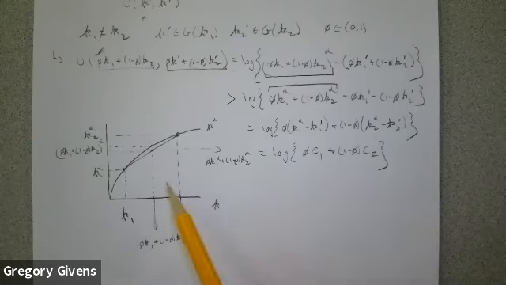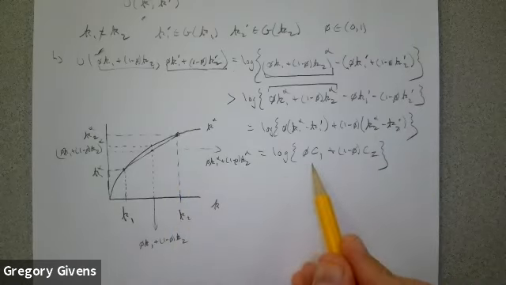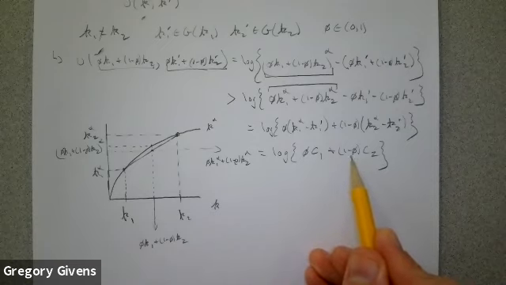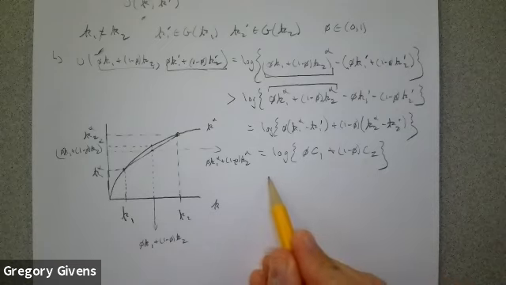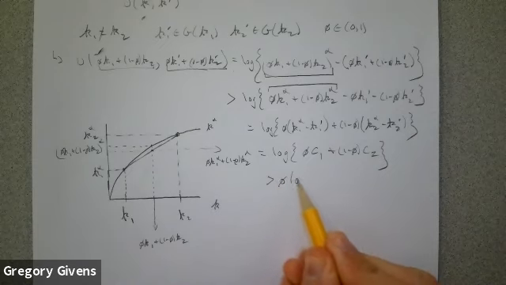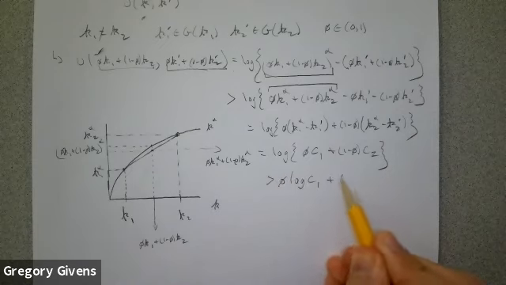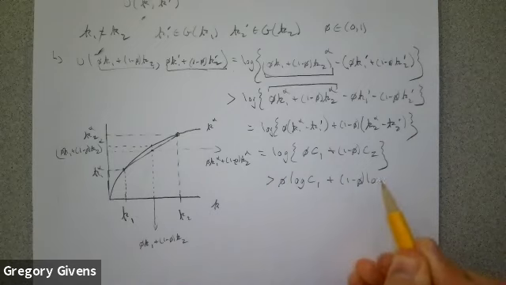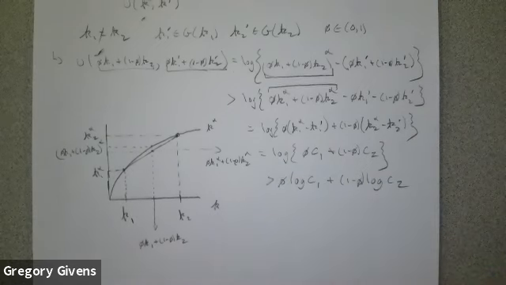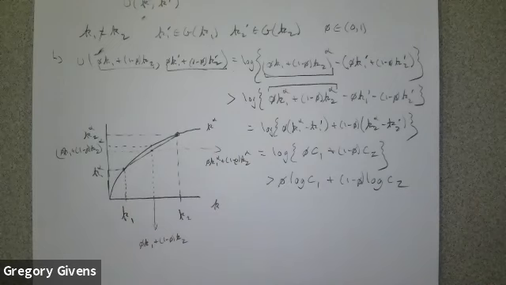By the same argument that I just used here on the production function, I know that the log of phi c1 plus 1 minus phi c2 has to be bigger than phi times the log of c1 plus 1 minus phi times the log of c2. The logarithmic function has the same shape as k to the alpha, right? So because the utility is strictly concave in consumption, we know that this inequality holds, as long as c1 is not equal to c2.